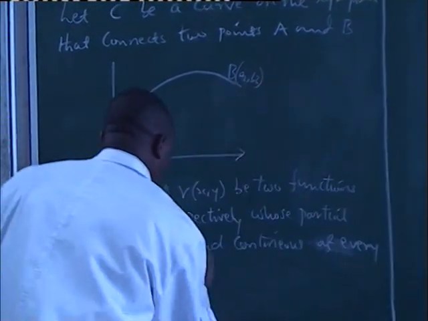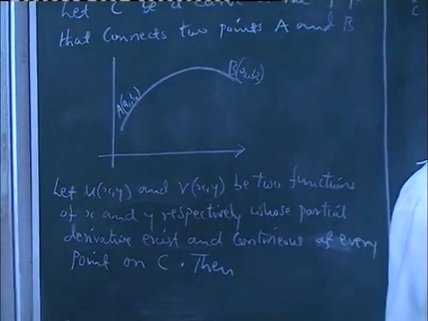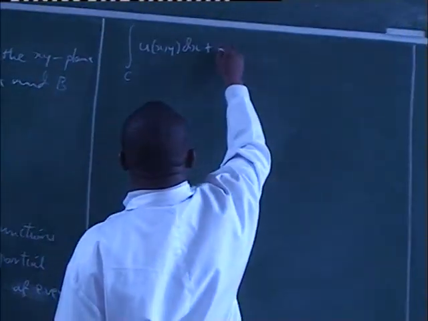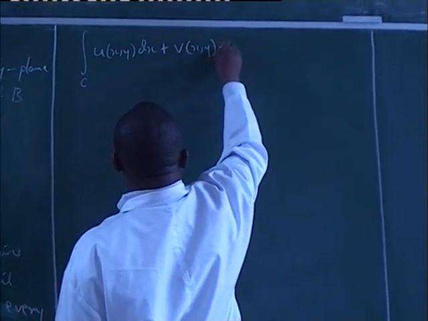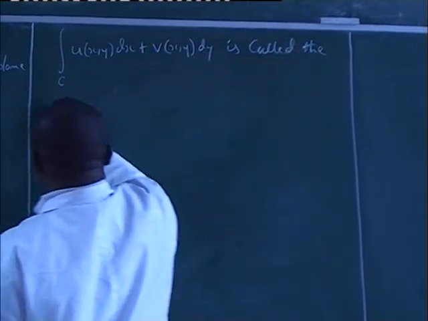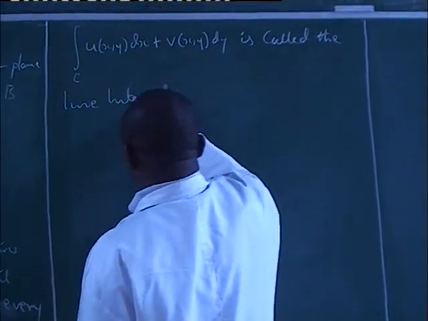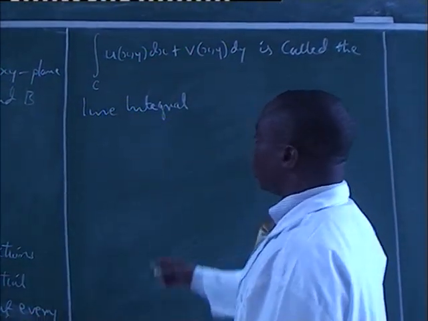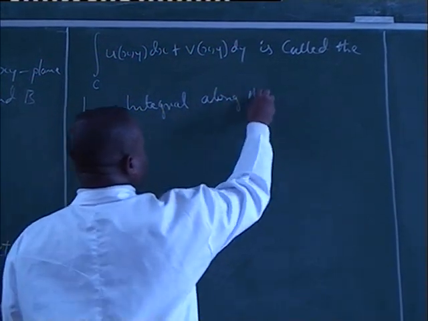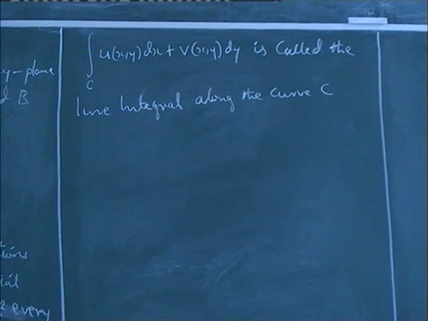Then the integral over C of u of x, y dx plus v of x, y dy is called the line integral along the curve C. So this is the line integral.